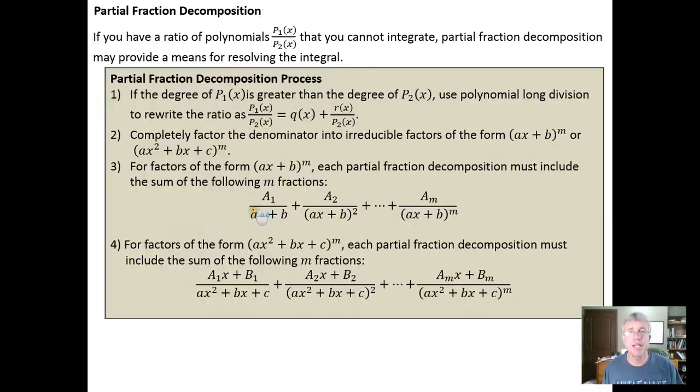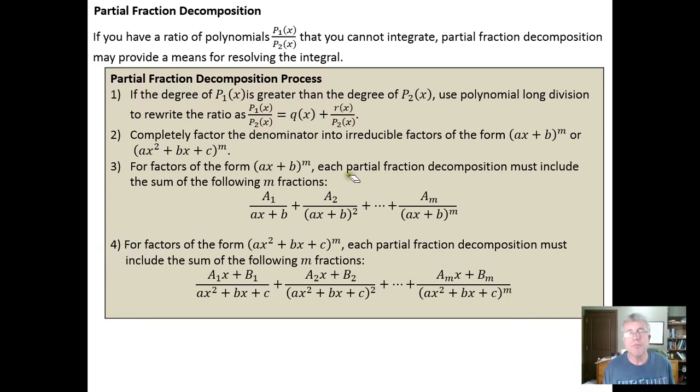On the next slide, there's a set of guidelines that we follow for doing this. This isn't a comprehensive set of guidelines, so the first thing to realize is that guideline number 4 is for a second degree polynomial in the denominator being raised to the nth power. We could add a guideline number 5 for a third degree polynomial being raised to the nth power, all the way through guideline n, which would be for an nth degree polynomial being raised to the nth power.